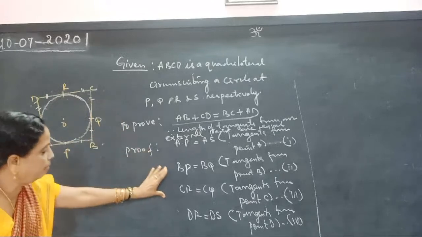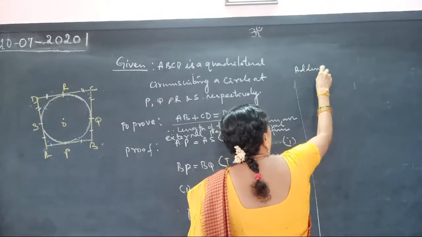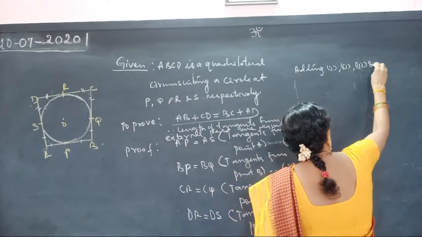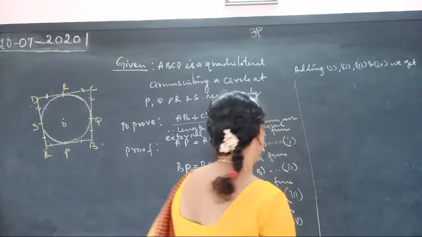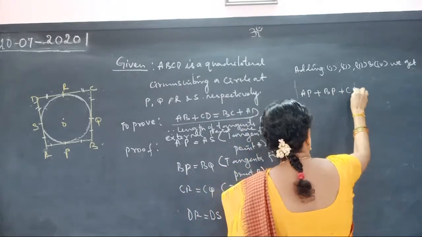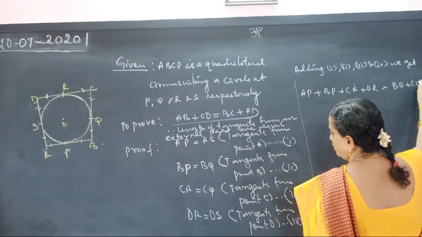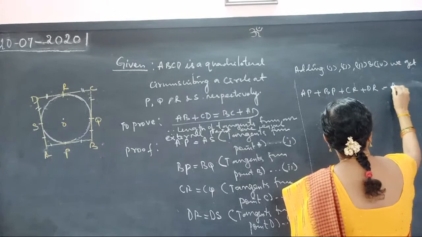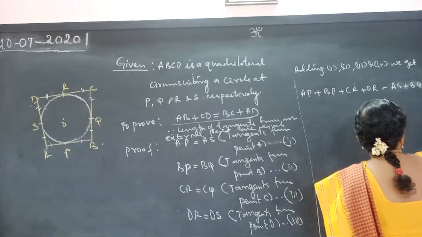So adding, you will get AB plus CD easily. Adding results 1, 2, 3 and 4, we get AP plus BP plus CR plus DR equals AS plus BQ plus CQ plus DS.